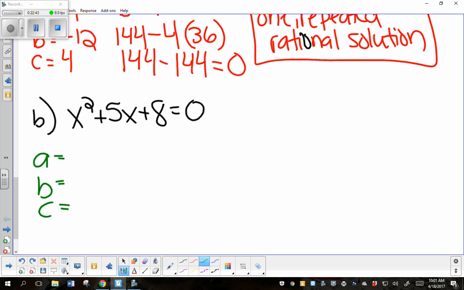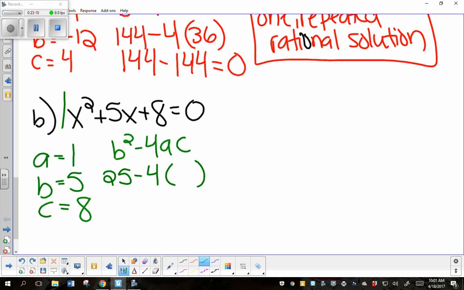So in this quadratic equation, what's my A? 1. Good, there's a 1 in front of that x squared. What's my B? 5. Okay. And what's my C? Good. So now we're just doing B squared minus 4AC. All right, so what's my B squared? 25. 5 squared is 25 minus 4, and then we can put our A times our C. So what's 1 times 8? 8, yeah.